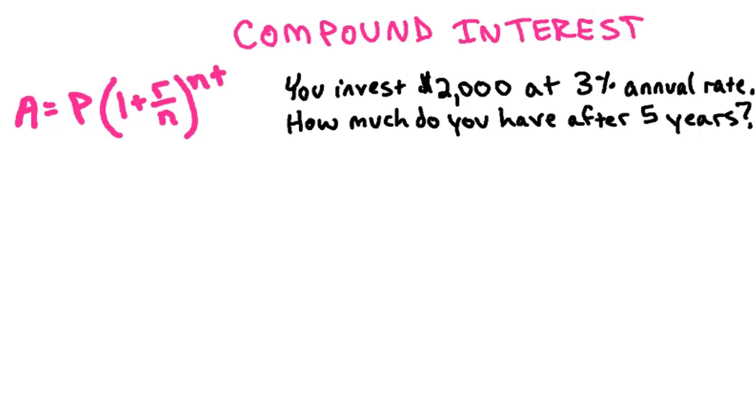And every year that you left that $2,000 in the bank account, they gave you an additional 60 bucks. But compound interest is when the interest is over how much you have now in the bank, not how much you originally invested. So compound interest is going to make you a little more money in interest than simple interest. So compound interest is good.